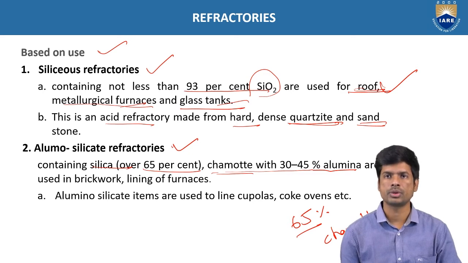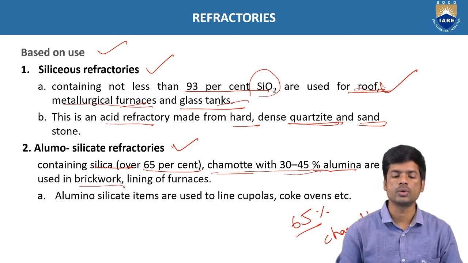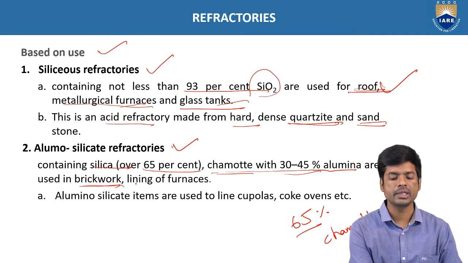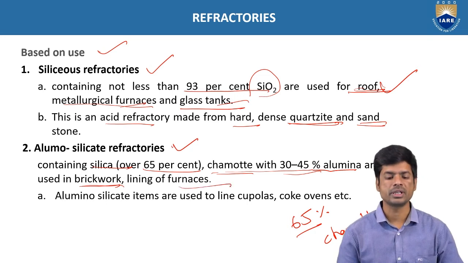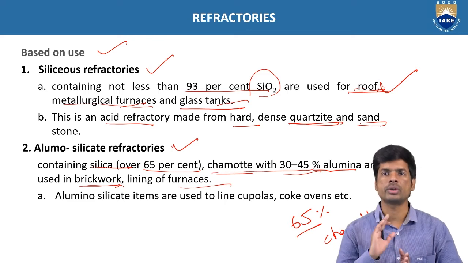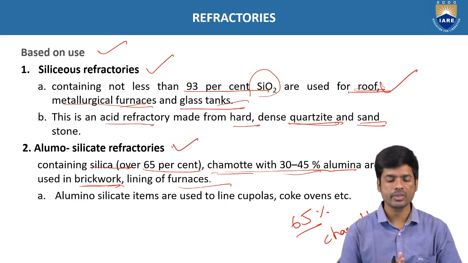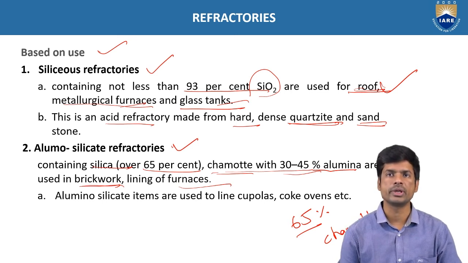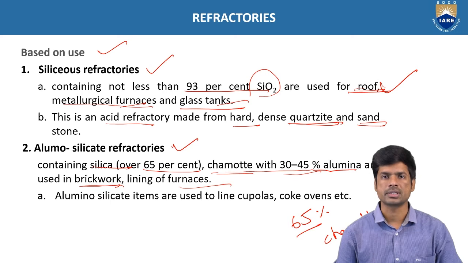Whatever the total alumina we are using, around 30 to 45 percent is used in brickwork. These aluminosilicate refractories are used in brickwork and lining of furnaces. We make furnaces using siliceous refractories, and to line the outer surface we use aluminosilicate refractories, and in brickwork also, which can withstand high temperatures.